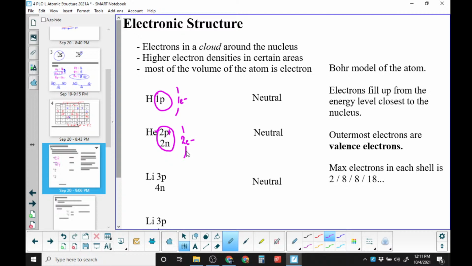Simon. Lithium. What would the Bohr model look like? One second, yeah. And then, of course, we can keep going and going, but this illustrates the model. You fill up shells.